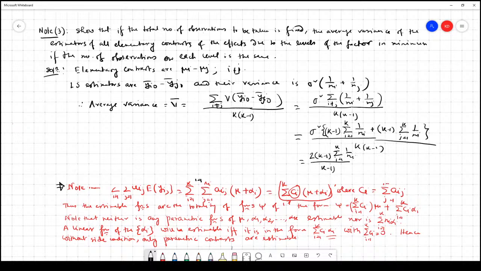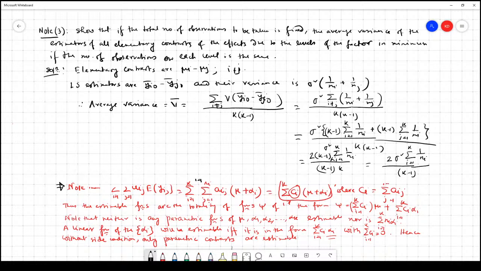this k into k minus 1. So this is nothing but a 2, sorry, please add sigma square here. So 2 sigma square, sum over i from 1 to k, 1 by ni by k minus 1.